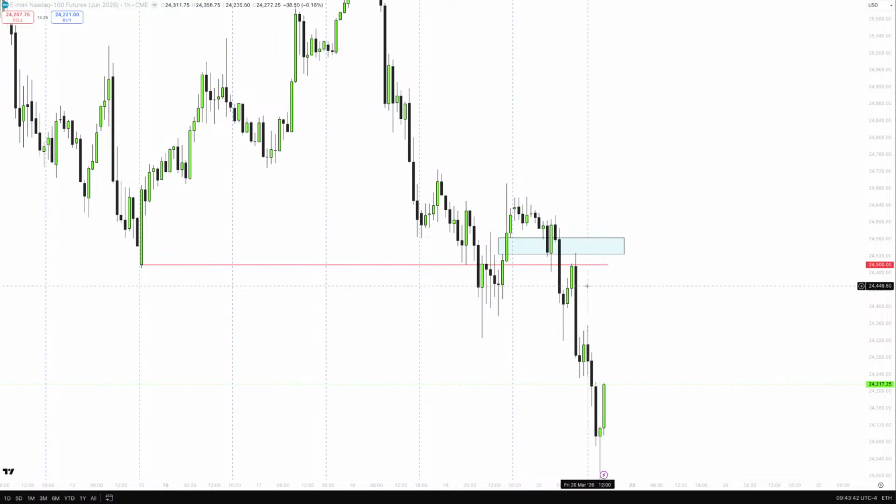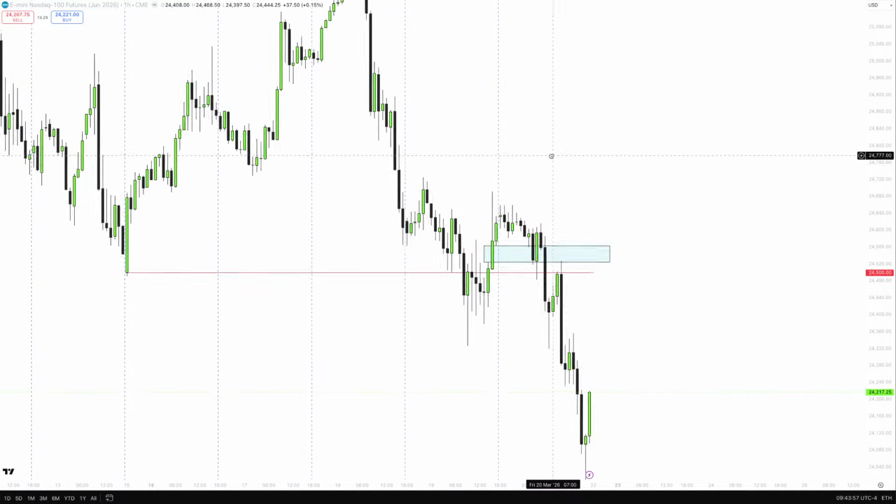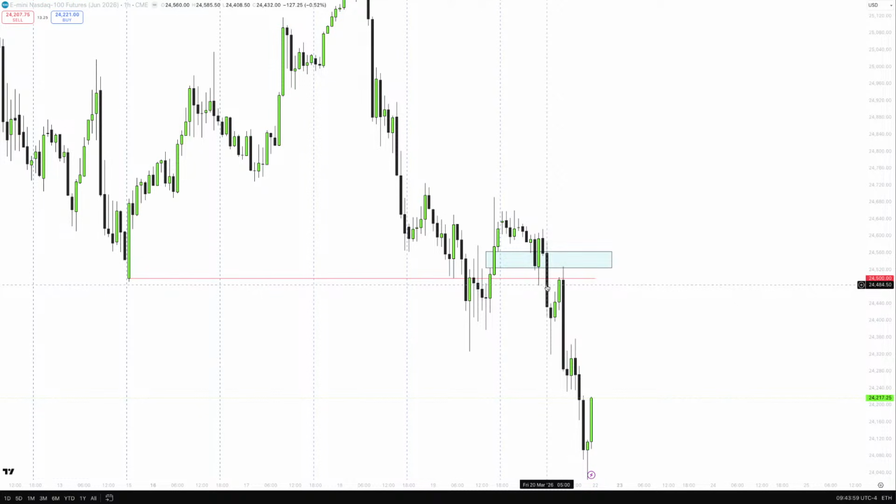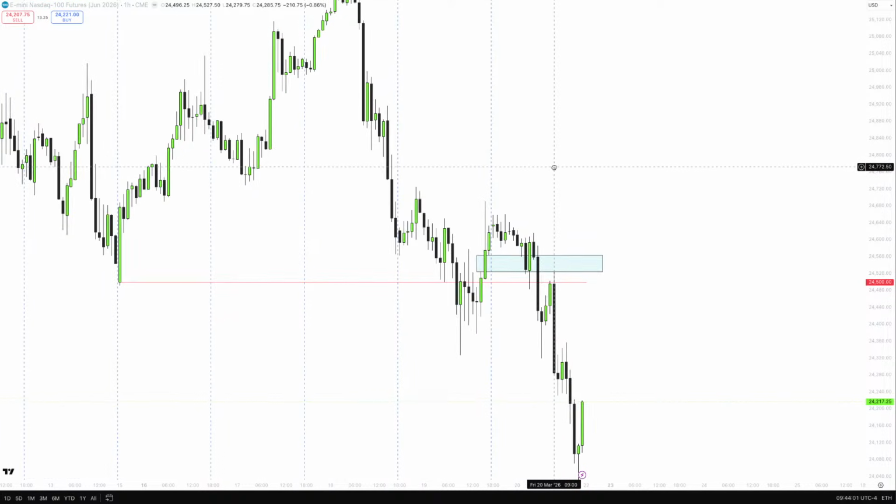So as you can see right here, when you open up the chart, let's say at 8 a.m. before we opened up at 9, then you can go back and look at all the fair value gaps and see if they formed at an IPTA time.